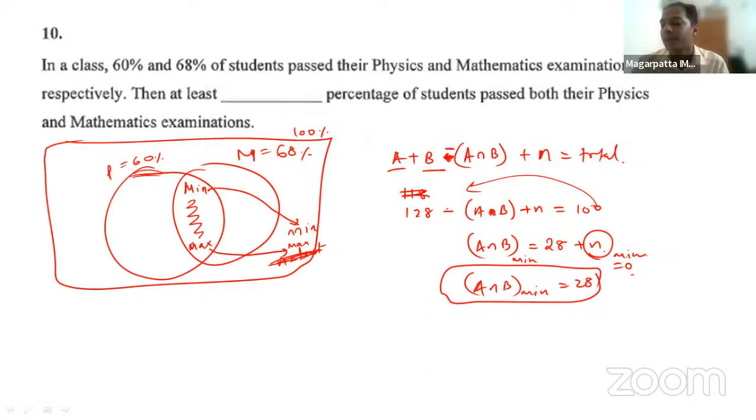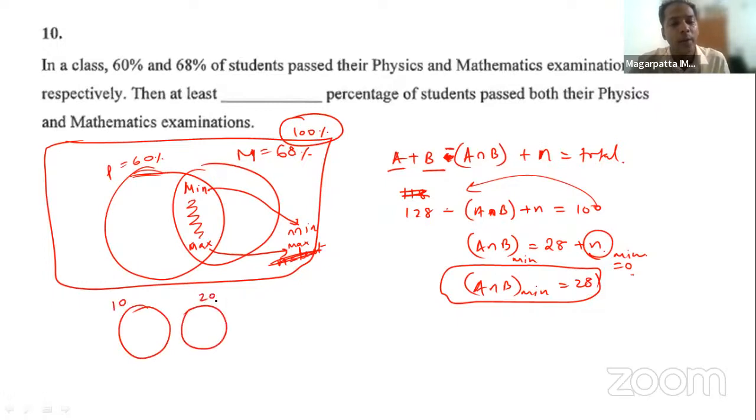All right. See, the total number of people is fixed, right? So imagine these two to be disjoint sets. Okay, 10 and 20. If they are disjoint, how many people are there in the two sets together?